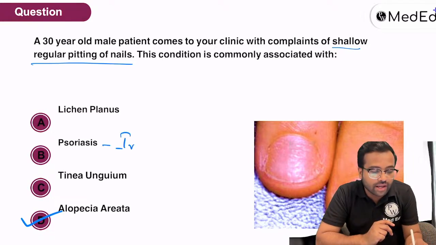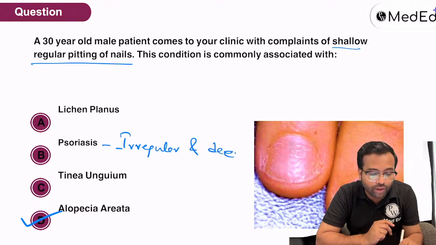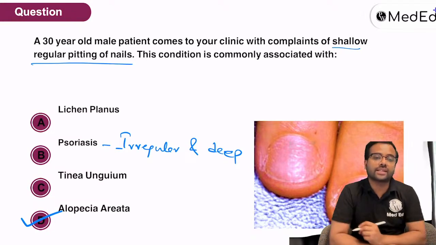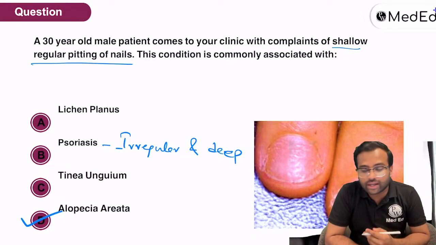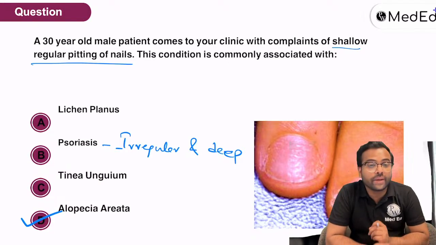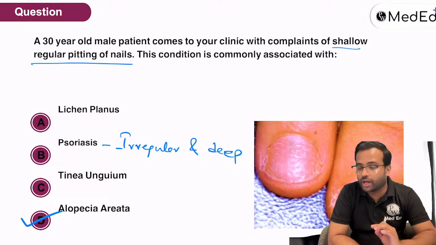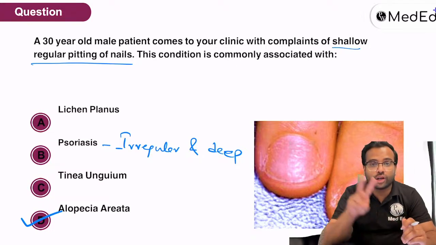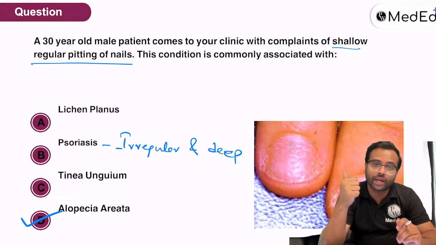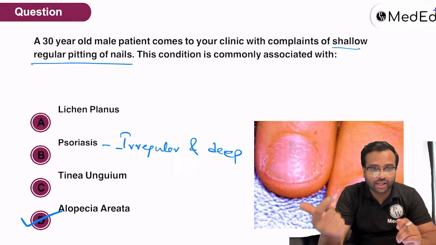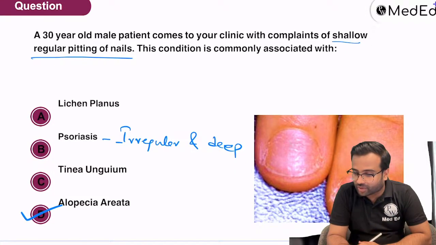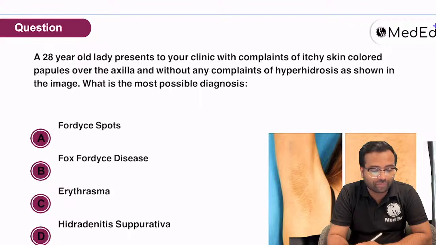That is, we can see irregular and deep nail pitting in that case. So here the right answer should be alopecia areata, because we see regular and shallow nail pitting. So with this MCQ, you learn two examples of nail pitting. One is alopecia areata, the second one is psoriasis. Okay, so now let's go to the next one.